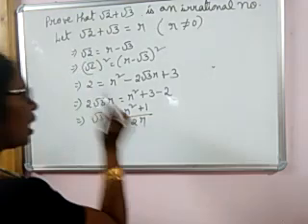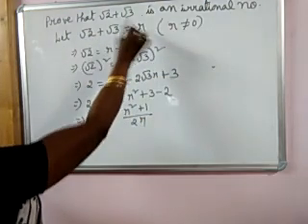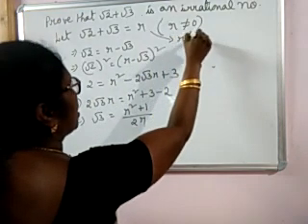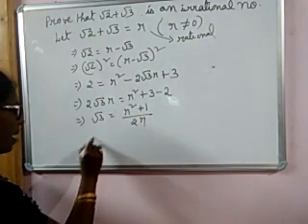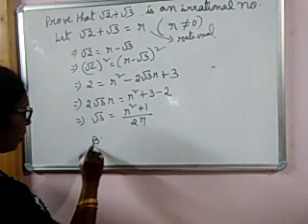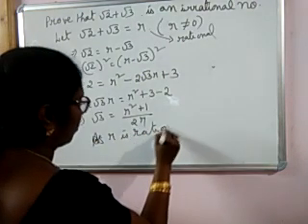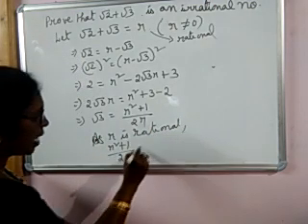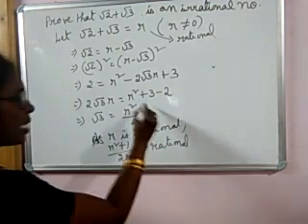Now, R is not equal to 0, but R is a rational number. If R is a rational number, then R square plus 1 by 2R is rational. That means this is rational.